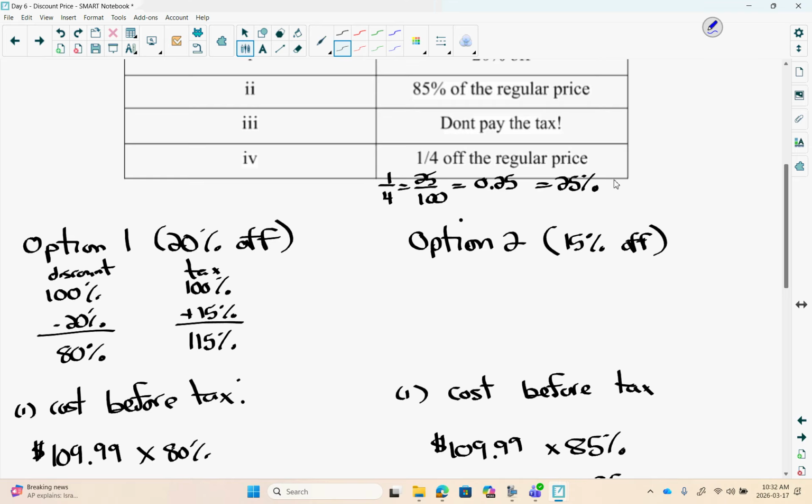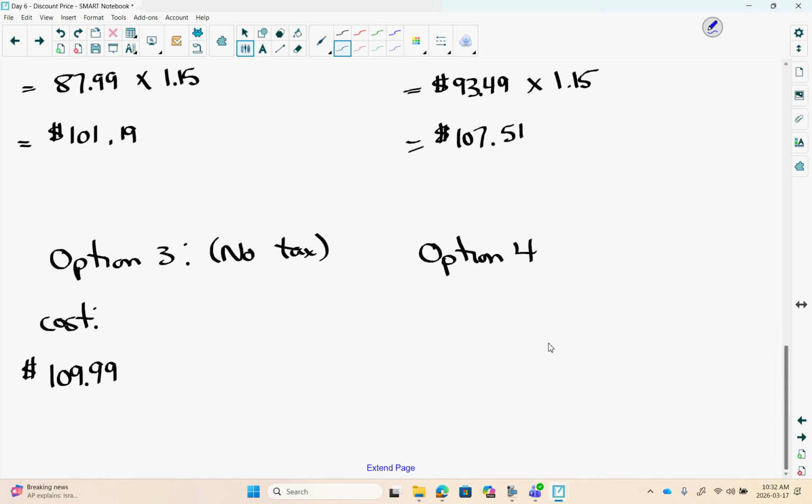Now think about this. 20% off, 15% off, or 25% off. Which one's going to be the best? 25. This should be our cheapest option. So option 4 is 25% off.